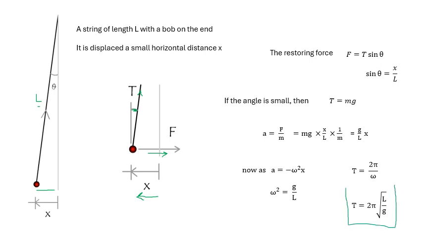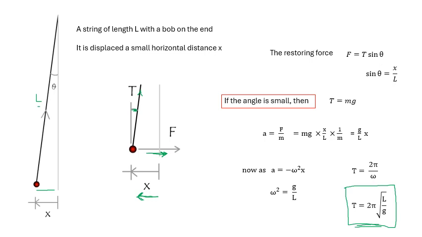Okay, again, will you be asked to derive that equation? No, but there's a few important points here. First of all, again, the acceleration will be in the opposite direction to and proportional to the displacement, and in AQA they make a point of this. There is a small angle approximation, which is why for a pendulum you can only use that equation if the oscillations are small.